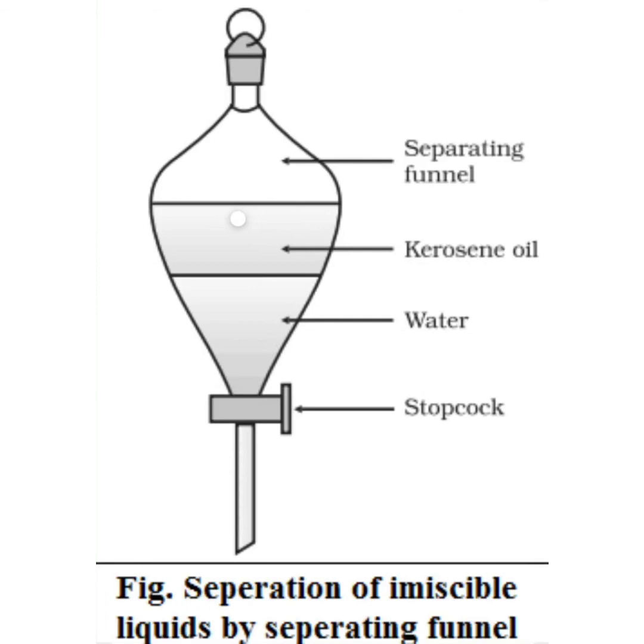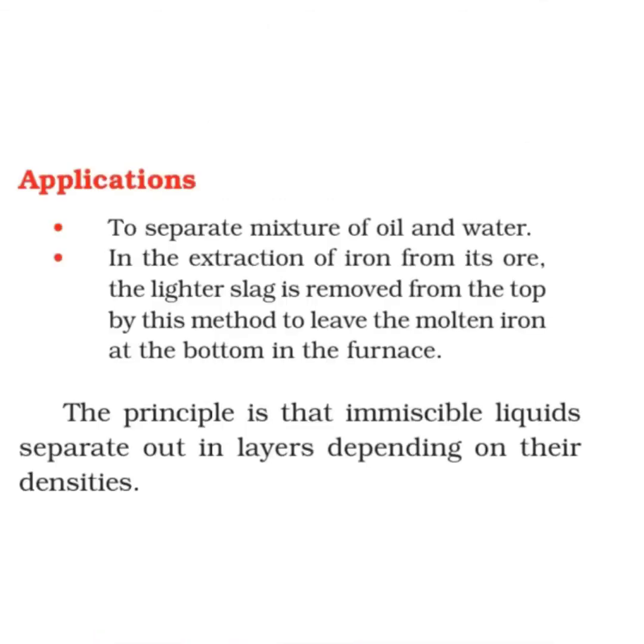And with the help of the stopcock situated in the downward part of the funnel, you can remove water so that the kerosene will be left in the funnel, and this way you can separate water and oil with the help of a separating funnel. Now let us see the applications of the separating funnel, or where this separating funnel is used.